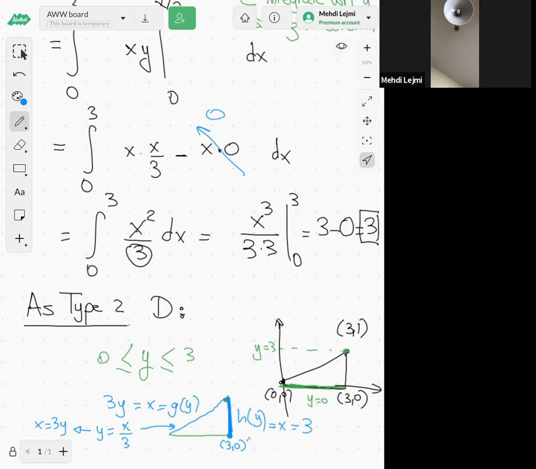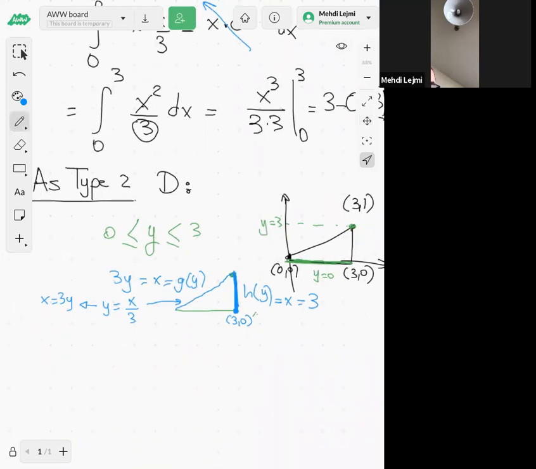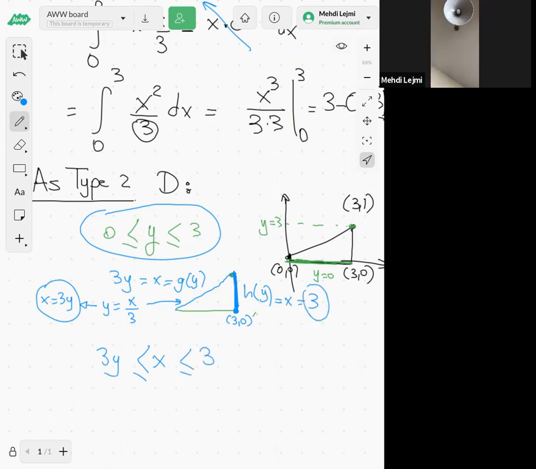So then y is between 0 and 3, and then x is between 3y and 3. Okay.